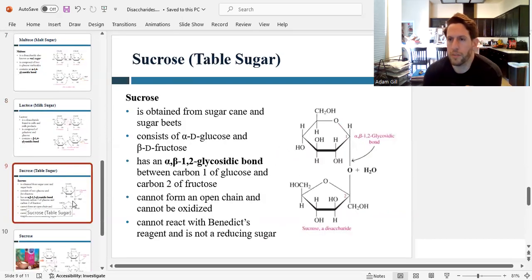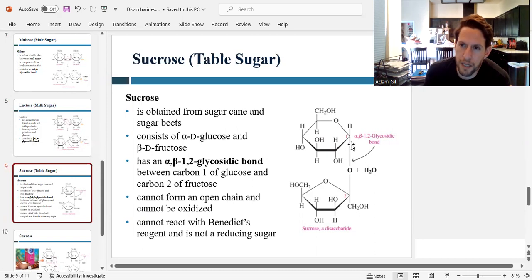Now, sucrose, known as table sugar, this is the type of sugar you buy at the grocery store, is composed of a glucose and a fructose. Now, the carbon number 1 of the glucose is in the alpha orientation, but we're connecting to carbon 2 of the fructose, which is also the anomeric carbon. And this one is in a beta orientation.